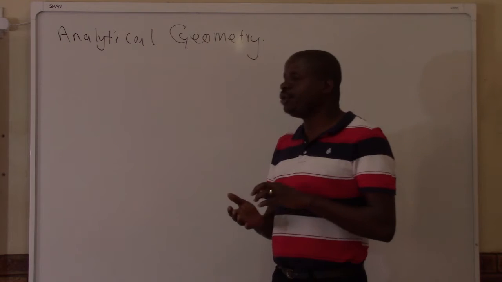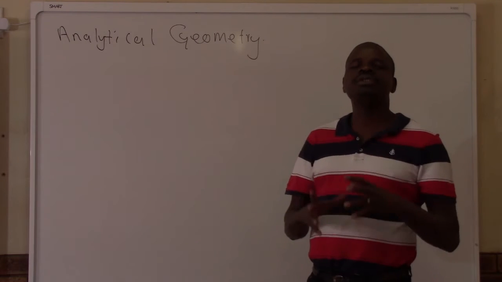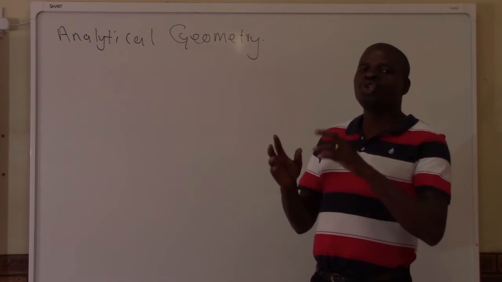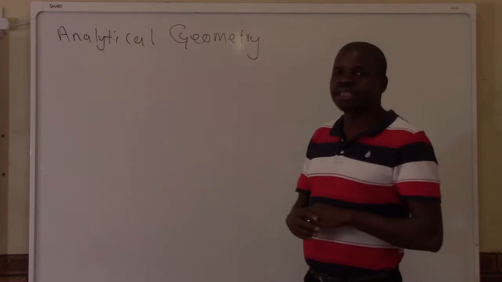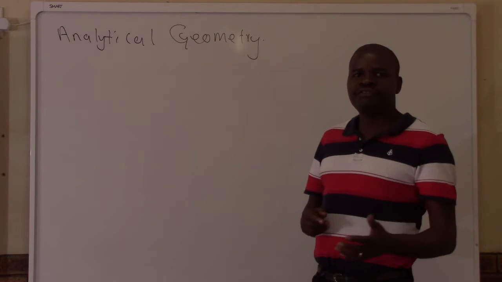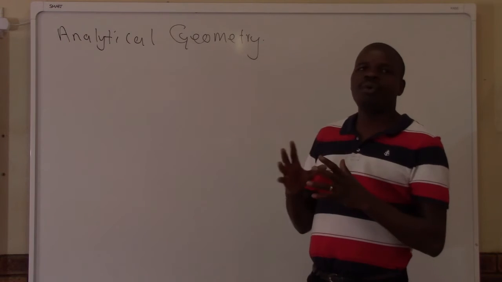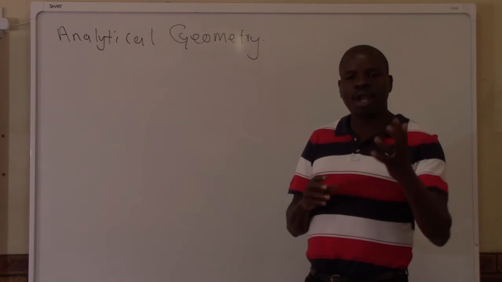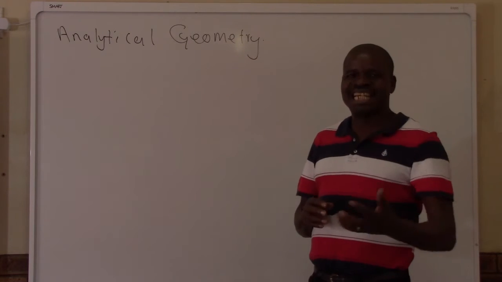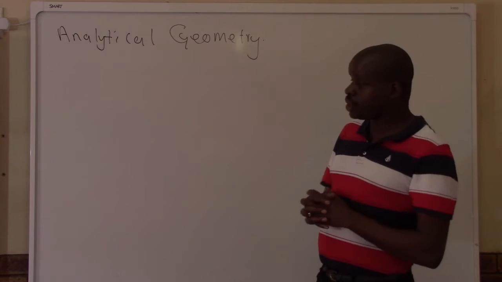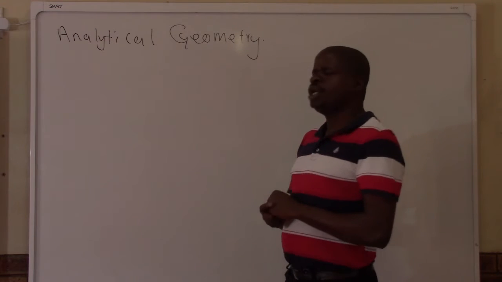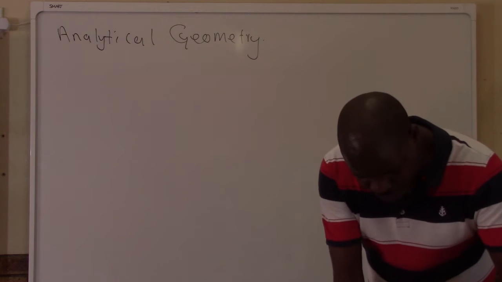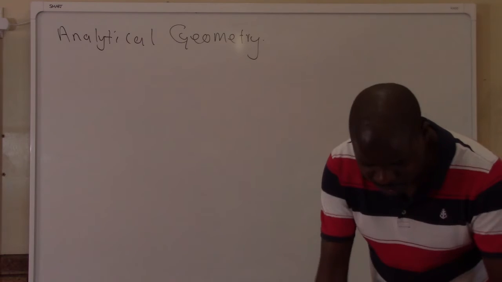You need to know the properties of those polygons in order to answer the questions in analytical geometry. If we have time, I will show you how analytical geometry that involves one of the polygons is presented in a matric paper, the final paper.